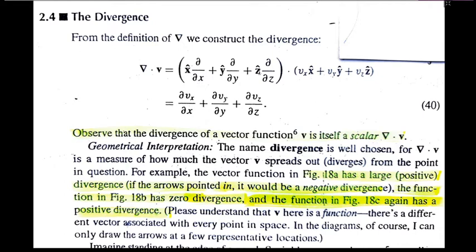This bracket is nothing but the del operator. It is making a dot product with a vector v, and v has three components along the x direction, along the y direction, along the z direction.